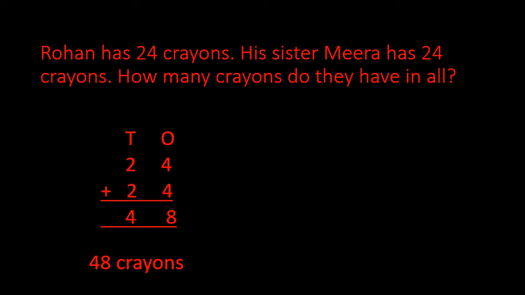Now add the numbers in ones place. 4 plus 4 is equal to 8. Write 8 under ones place. Then add 2 plus 2, the numbers in tens place. 2 plus 2 is equal to 4. Write 4 under tens place. So children, we get the answer 48 crayons.